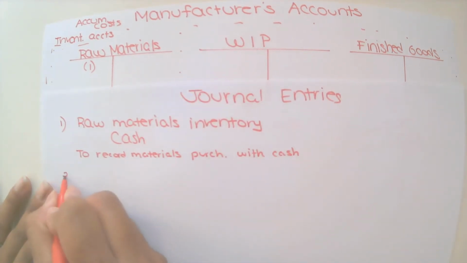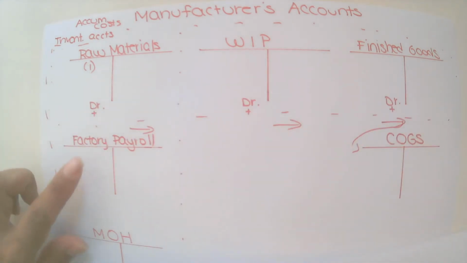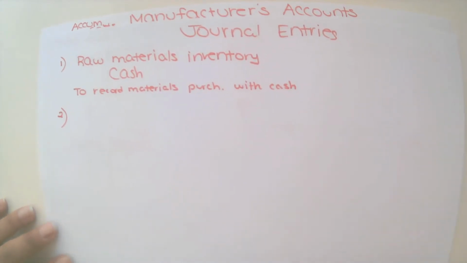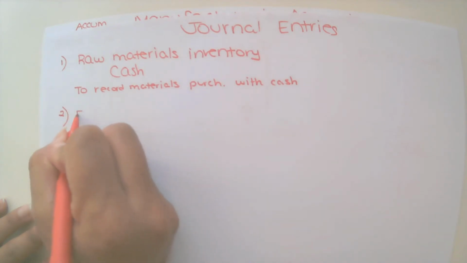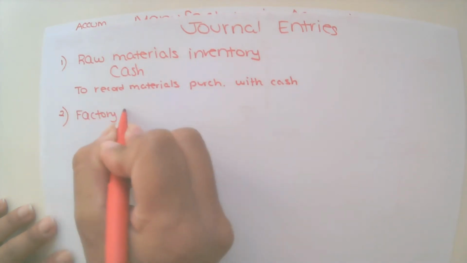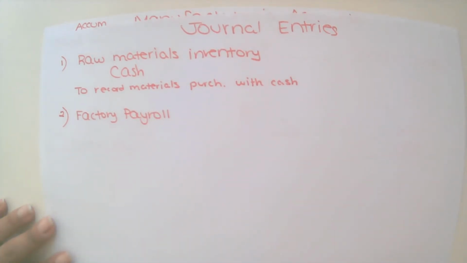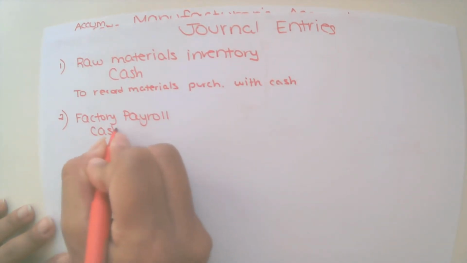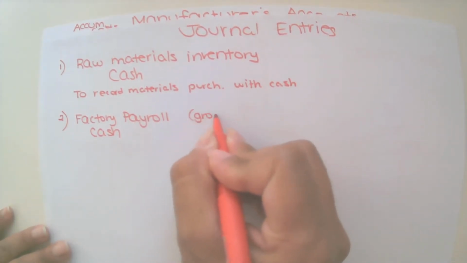All right. The next journal entry is, you can guess, for labor costs. Our second journal entry will be for factory payroll, factory labor, factory wages expense, whatever our company calls it. And then if we pay it, cash. So this is always going to be for the gross.